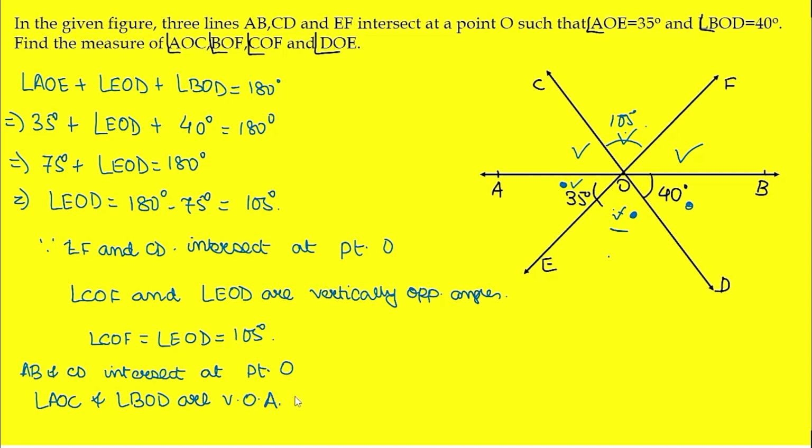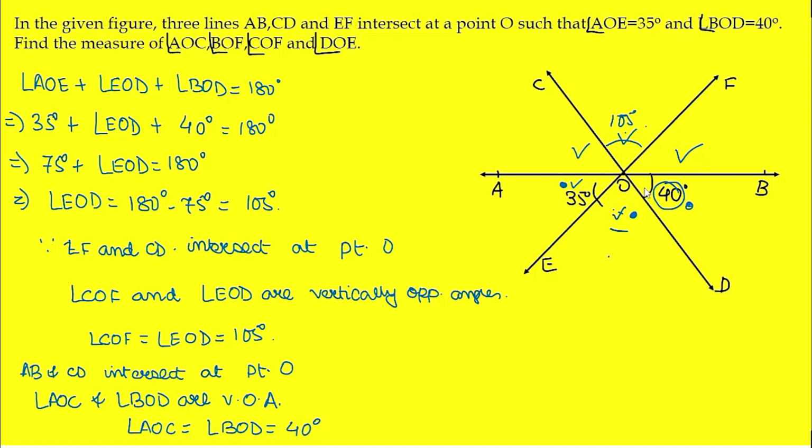I am writing in short form just to save space, but you are to write it in full form. So angle AOC and angle BOD are vertically opposite angles, so these are equal. Angle BOD is 40 degrees, so angle AOC will also be 40 degrees.